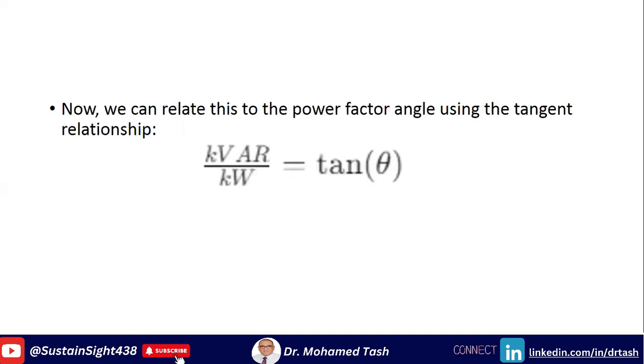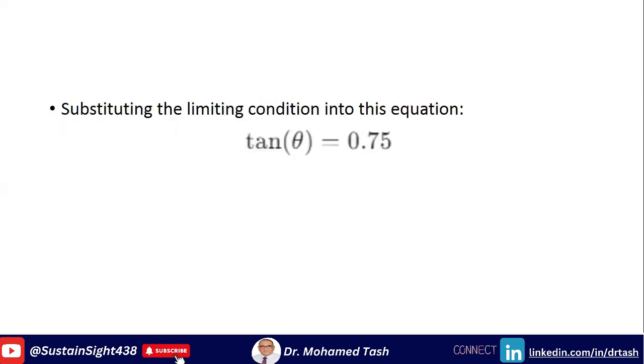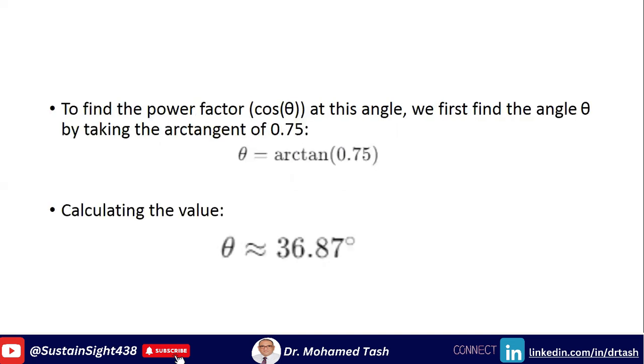Now we can relate this to the power factor angle using the tangent relationship, where tan theta equals the reactive power divided by the real power. Now we will substitute the limiting conditions into this equation, where tan theta is equal to 0.75.